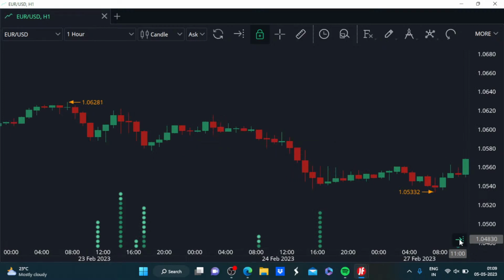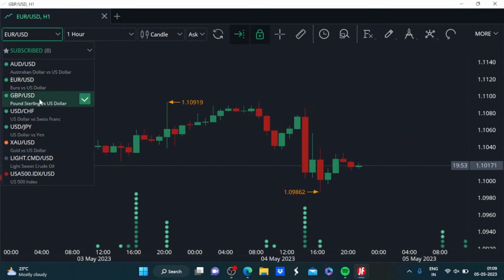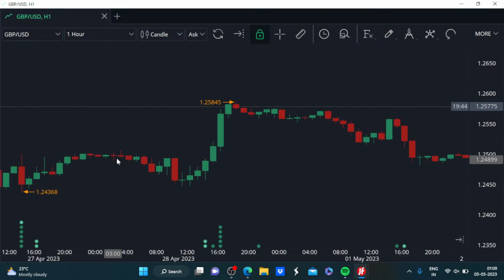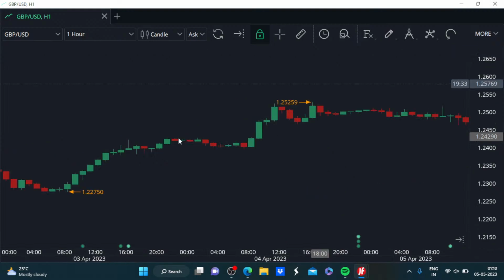Let us try to change the instrument. Let's see what's the story with GBP USD. Okay, the GBP USD is also not showing any promising lead in that direction.